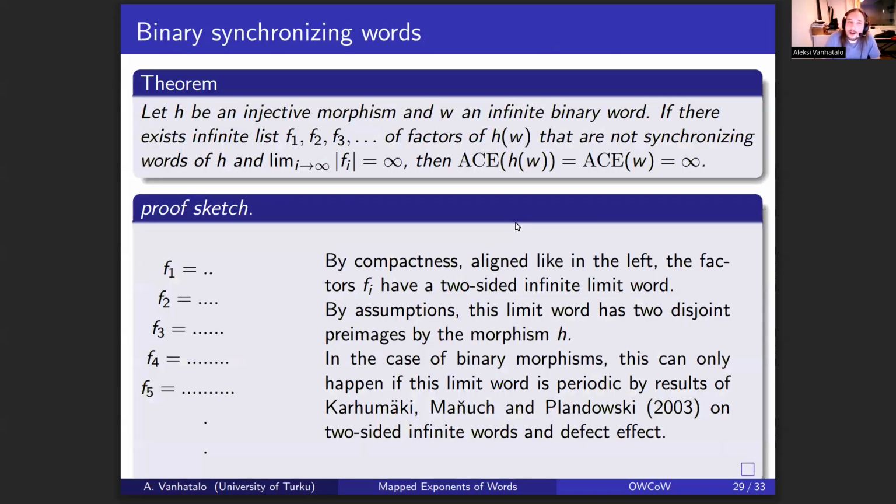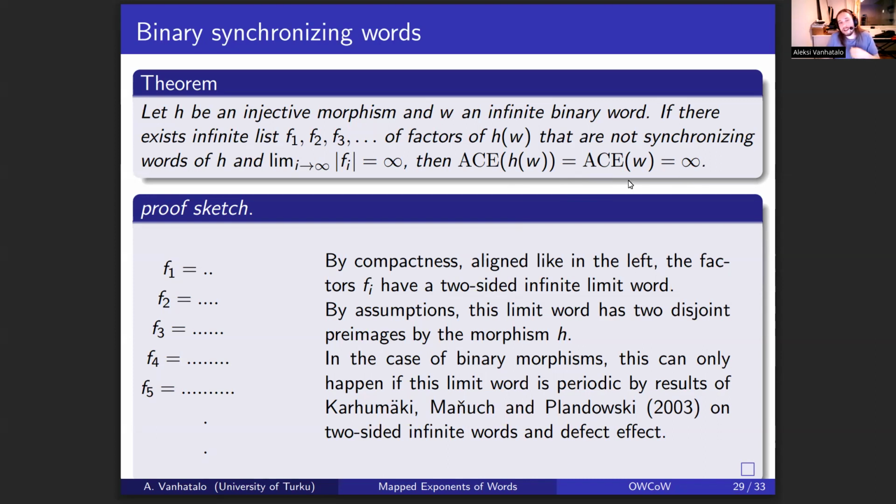And why are synchronizing words so good in the binary case? It's because if we have non-synchronizing factors that are larger and larger in size, then we are in the case where the ace value is infinite.